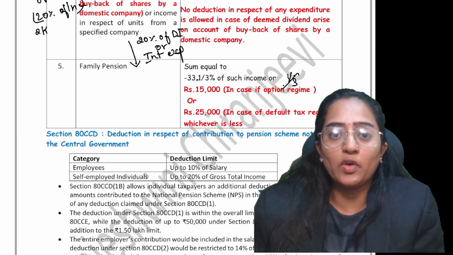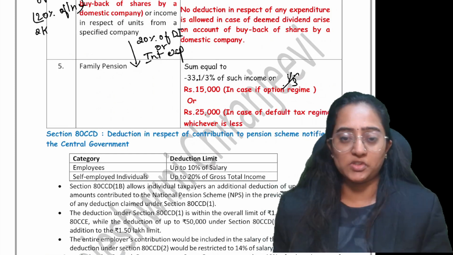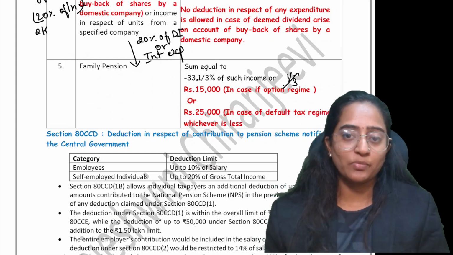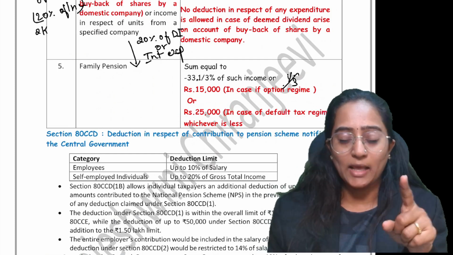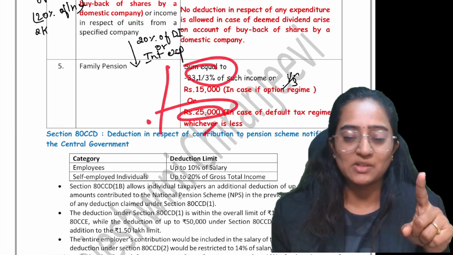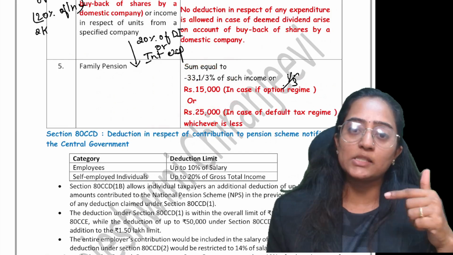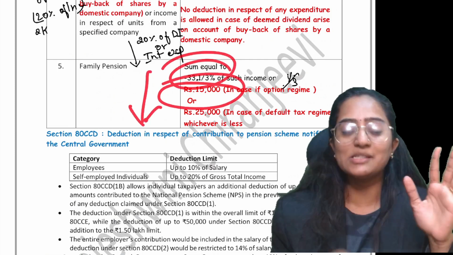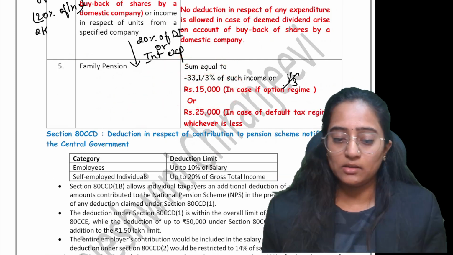This was in case of your optional tax regime, that is normal provision. In case of default tax regime, they have increased it to 25,000. If you are doing the solution as per default tax regime, take 33.33% of your income or 25,000, whichever is less. If you are doing the question as per the normal provision, take 33.33% or 15,000 rupees, whichever is less. Simple as that.